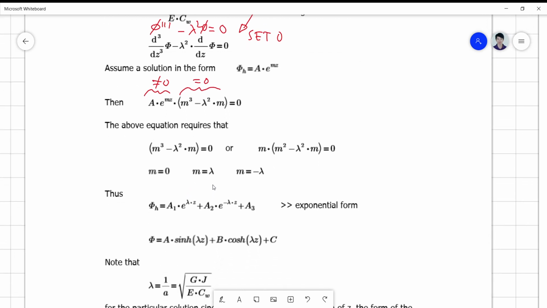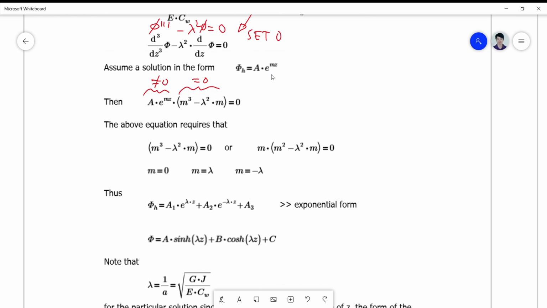Substituting it back to the original equation A e to the mz, we have phi h is equal to A1 e to the lambda z plus A2 e to the negative lambda z plus A3 e to the 0. E to the 0 is simply equal to 1. Your coefficients A1, A2 and A3 may be determined by substituting boundary conditions later.